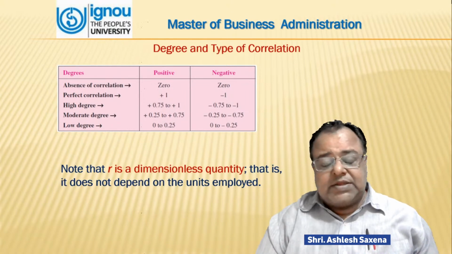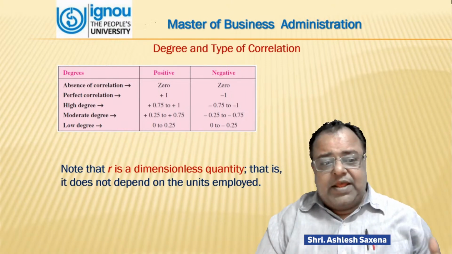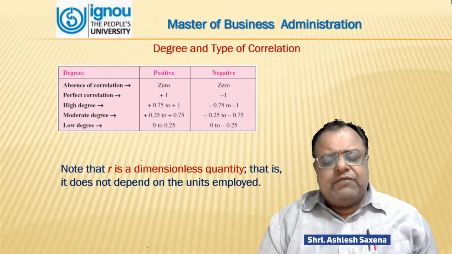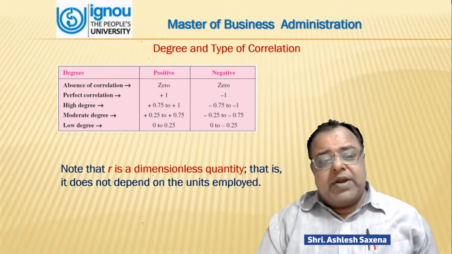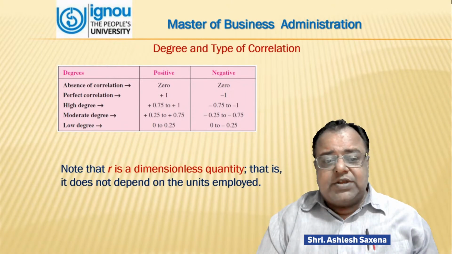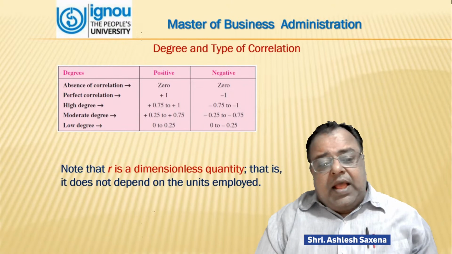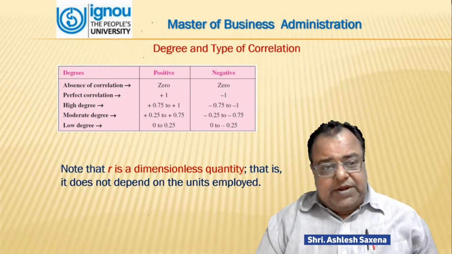If it is plus 1, it is positive correlation, and if it is negative 1, it is negative correlation. High degree is if the value is between 0.75 to 1, and similarly for negative 1. For moderate, 0.25 to 0.75, and for low degree of correlation, it is from 0 to 0.25. R is a dimensionless quantity, that is, it does not depend on the units employed.